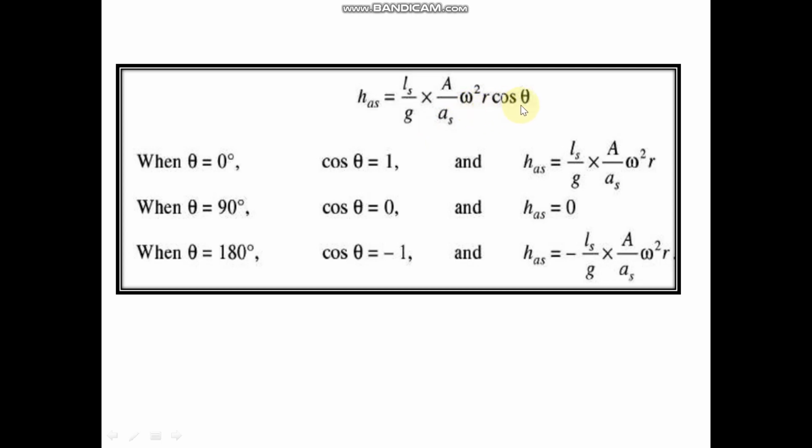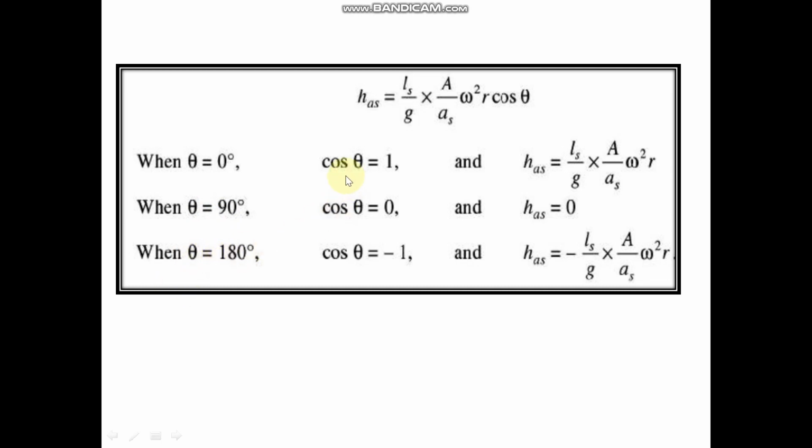So during the suction stroke, the value of theta is going to vary from 0, 90 and 180. At the beginning of the stroke, theta is 0, at the middle of the stroke, theta is 90, and at the end of suction stroke, theta is 180.